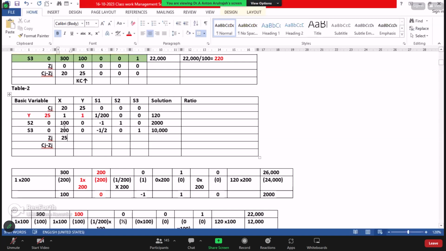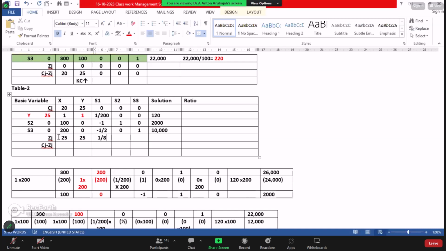And the second one, 25 has to be multiplied by 1, 0 multiplied by 0, 0 multiplied by 0, that is also 25. Here 25 has to be multiplied by 1 by 200, that is 1 by 8.